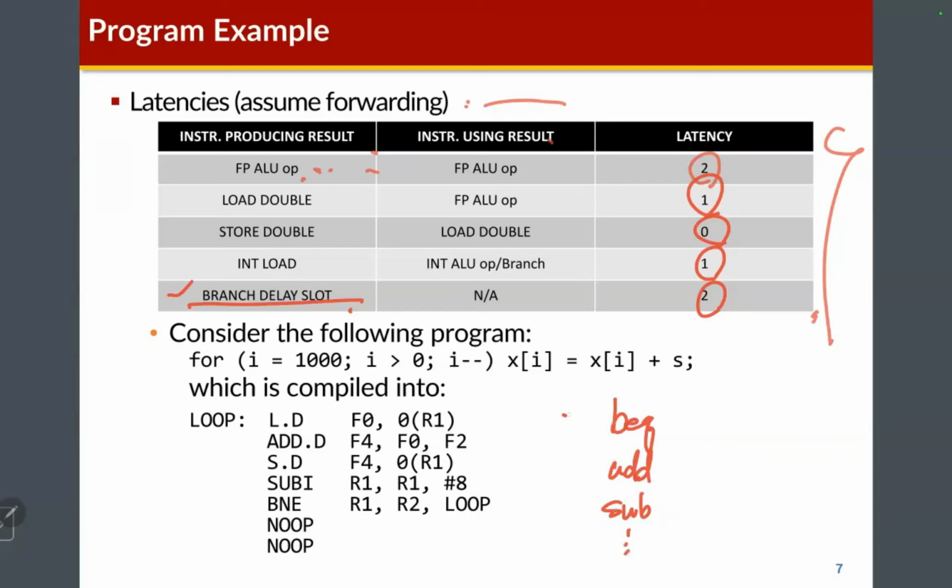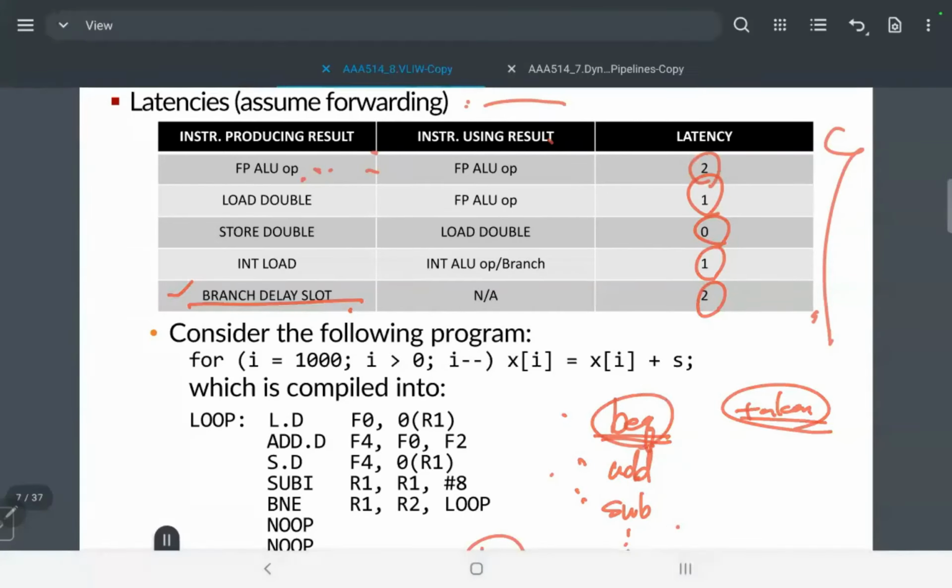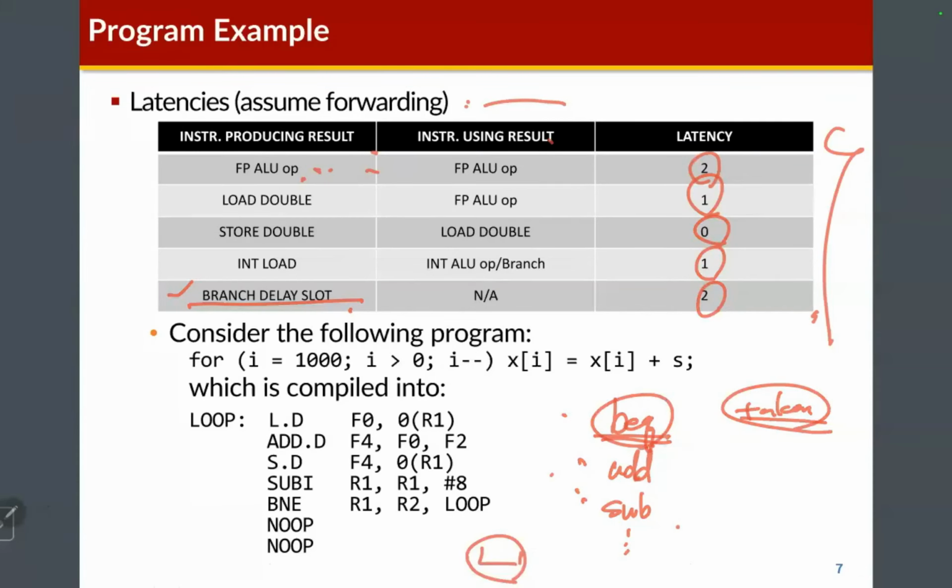The problem of the branch instruction is that if this branch is taken, we need to jump to the target of the branch instruction, which means the target may be here. If the branch is not taken, we can execute the very next instructions like add and sub.